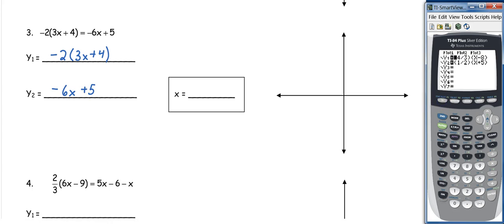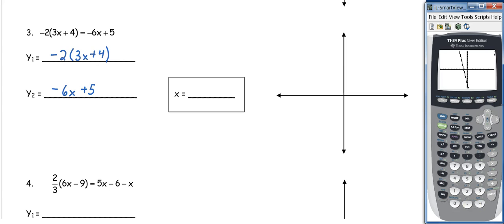So in my y equations, I'm going to clear out what I have. I'm going to type y1, -2(3x + 4). My second equation, -6x + 5. And I'm going to graph.